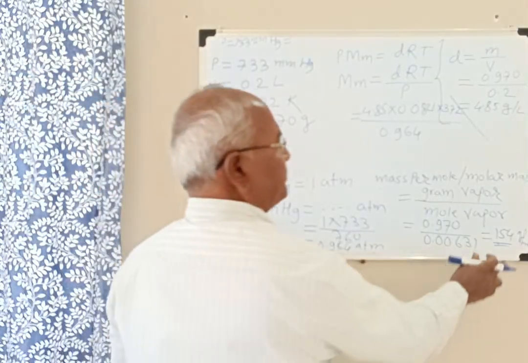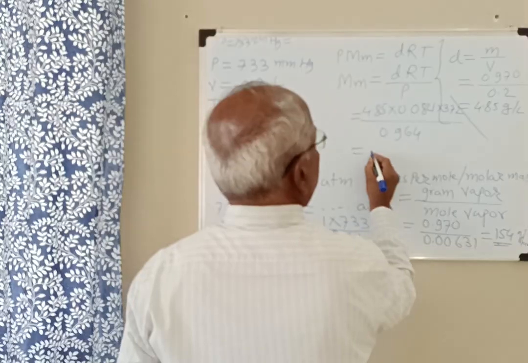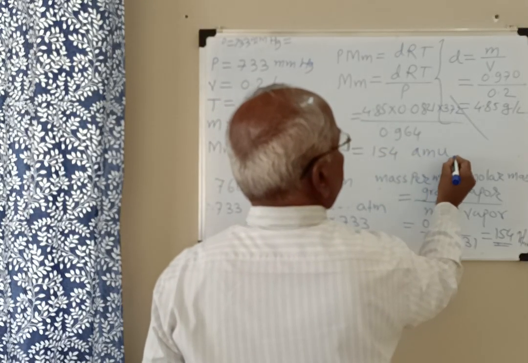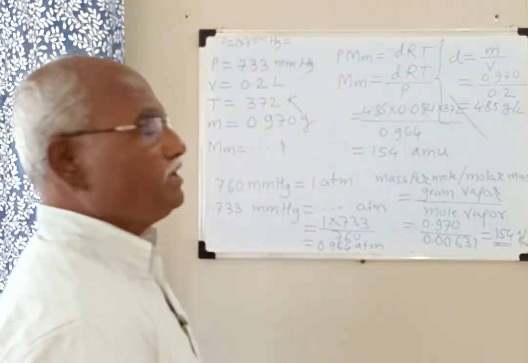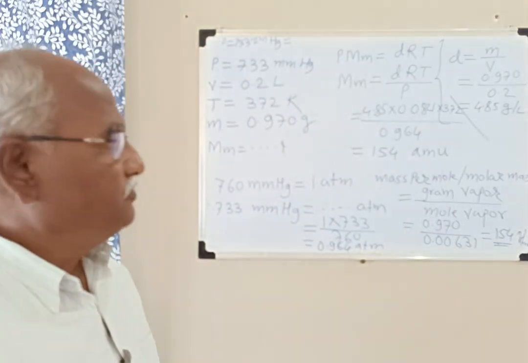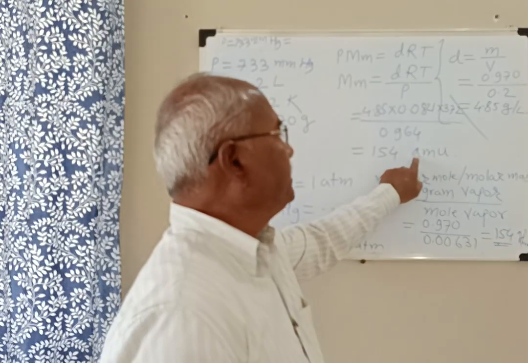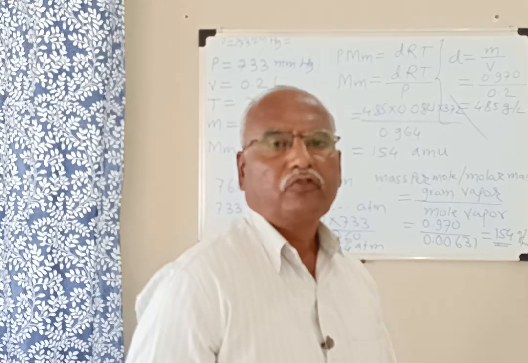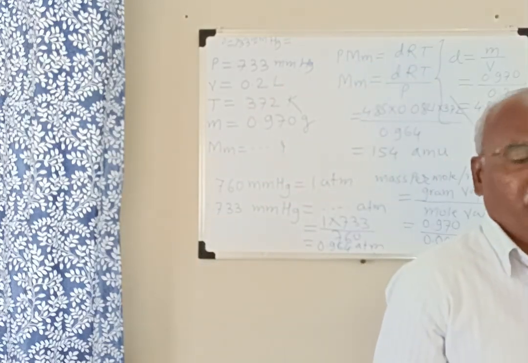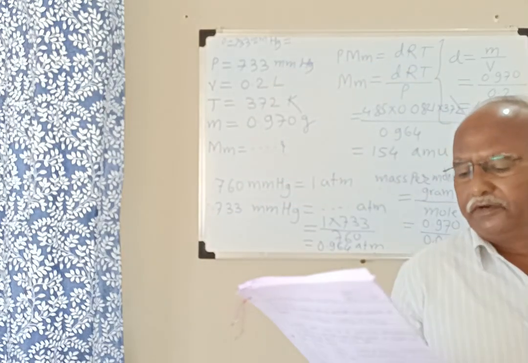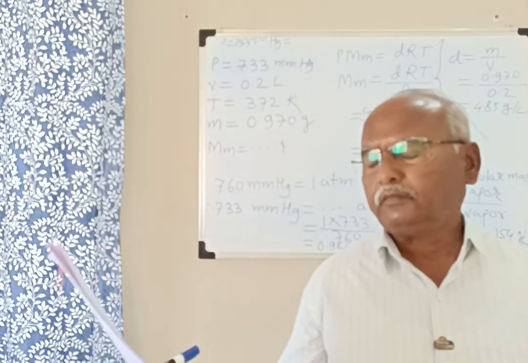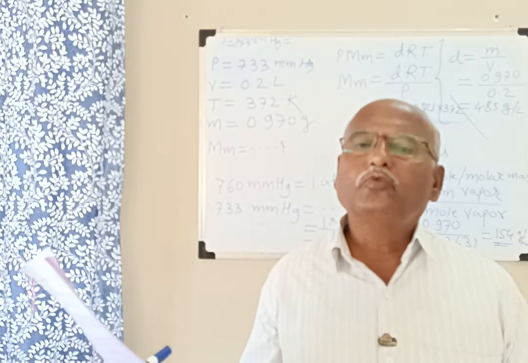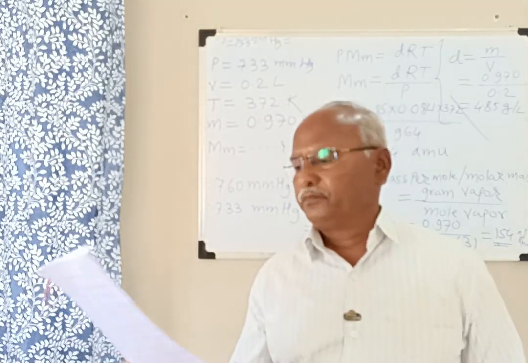And you will get the same answer, 154 atomic mass unit. Molecular mass is expressed in this unit, atomic mass unit. So by using Dumas method, I explained how to determine the molecular weight of the substance.